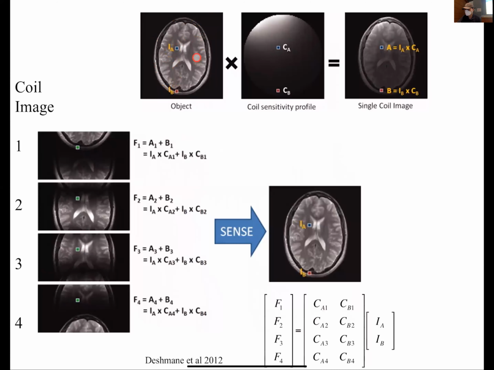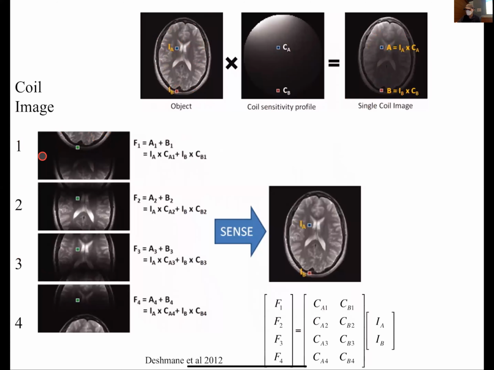So I can look at these 2 things that are FOV over 2 apart. Okay, this one is multiplied by this coil sensitivity, and this one is multiplied by this coil sensitivity. And so I can imagine that in my image, if I had fully sampled, this would give me A and this would give me B. All right. Now I have 4 different coils.